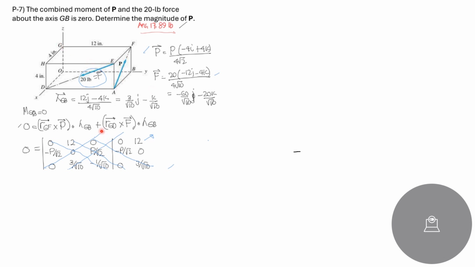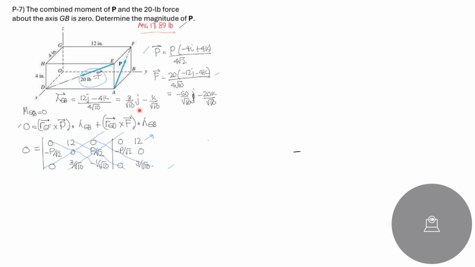Then plus for F, it is RGD. So I select point D as the point on the line of action of the force F, cross F, then dot lambda, the unit vector of GB.